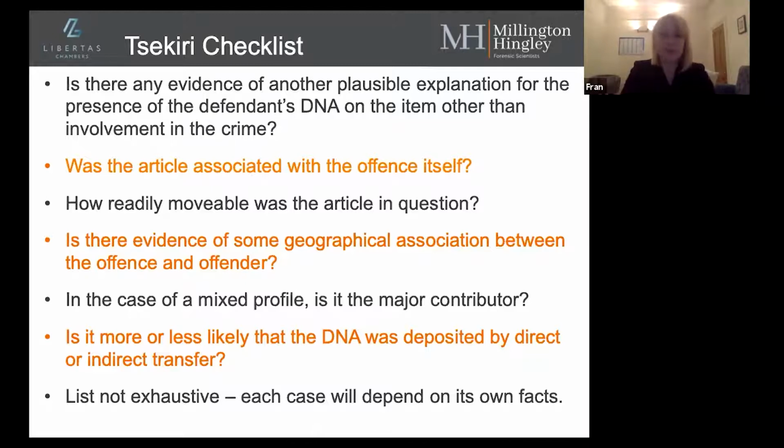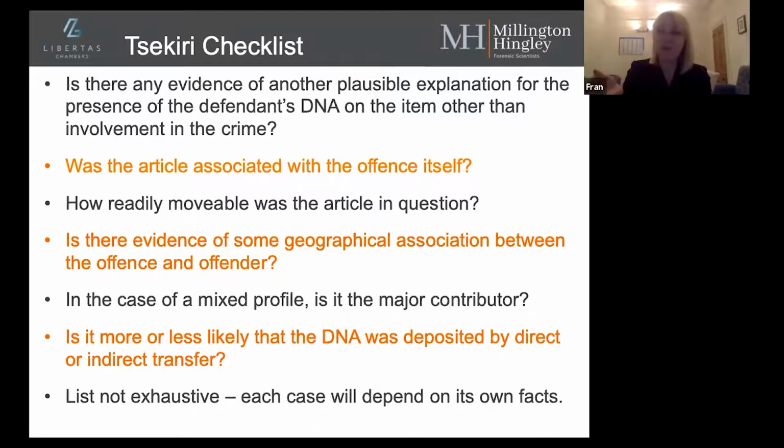They also thought that it'd be important to look at whether it was a case of a mixed profile, whether the defendant was a major contributor. Now, again, this was a case from 2017, and I'm sure Joe will explain things have been moving swiftly in relation to the science on this point and secondary transfer.